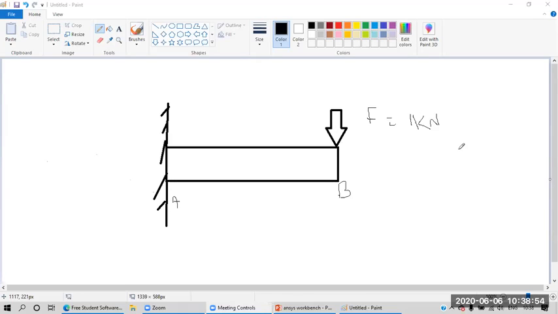The stress will be generated in that body. Does everyone agree with that? Yes, sir.